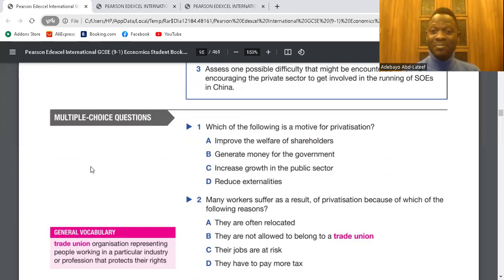Improve the welfare for the shareholders. No. What's the answer? Choose an answer now. Why do we privatize? So what's the answer? I'm asking you.